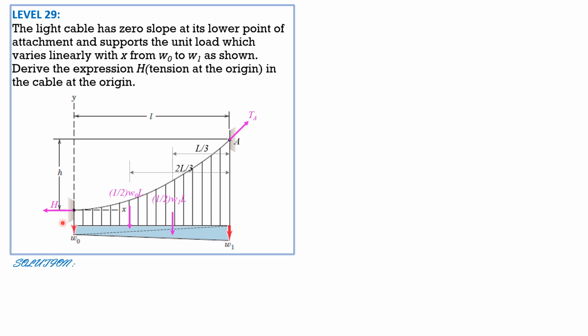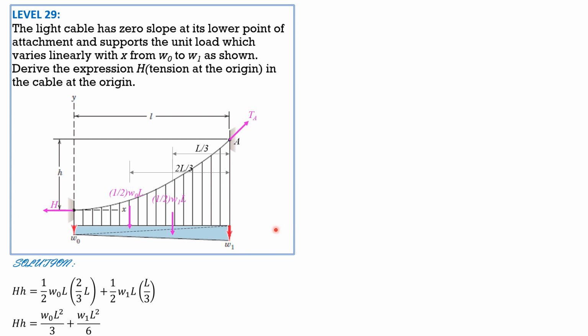So simply we derive H by summing up moments about A. With clockwise positive, big H times small h equals 1/2 of W0 L times 2/3 of L plus 1/2 of W1 L times L over 3. Simplifying, big H times small h equals W0 L squared over 3 plus W1 L squared over 6.